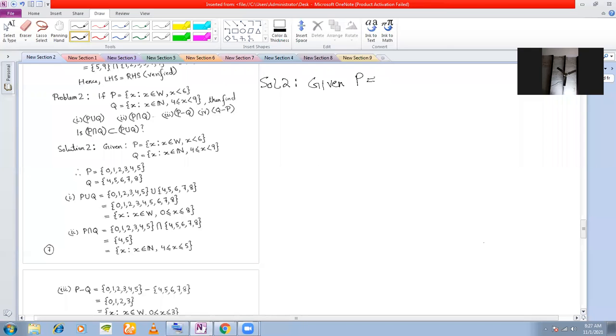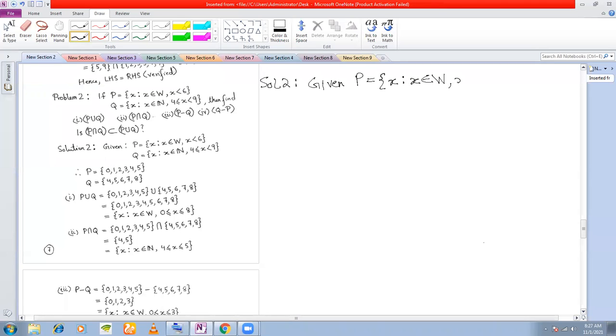P is equal to x such that x belongs to W. That means x is a whole number and x is less than 6. This set P is given to you in set builder form. Let us write it in tabular form. What are the whole numbers that are less than 6? 0, 1, 2, 3, 4, 5, right? So we have written this in tabular form.